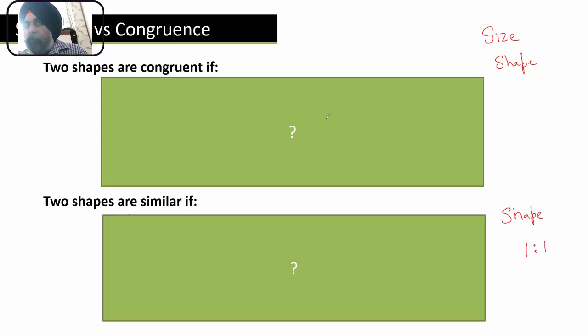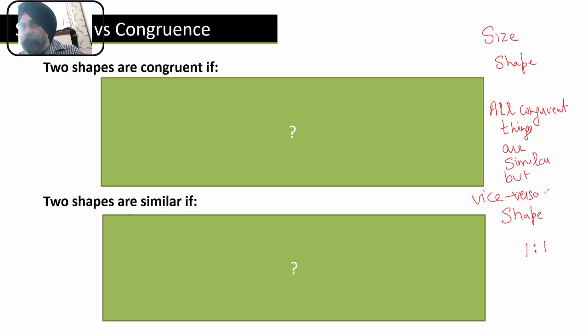From here, can any one of you make out what you can deduce? All congruent things are similar, but vice versa is not true.